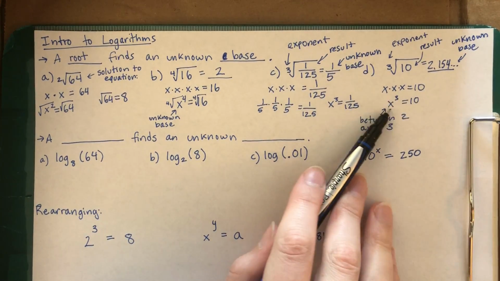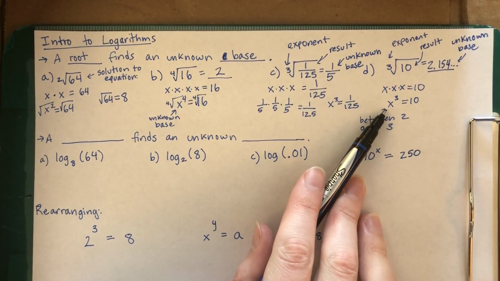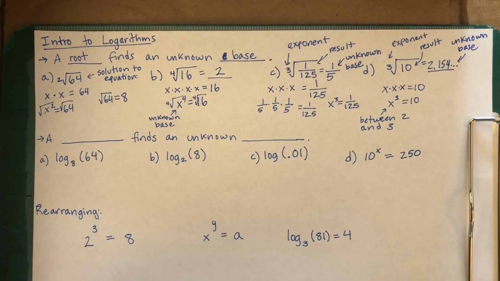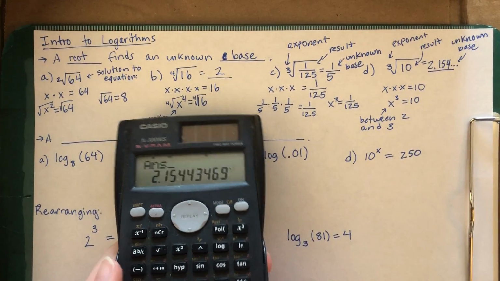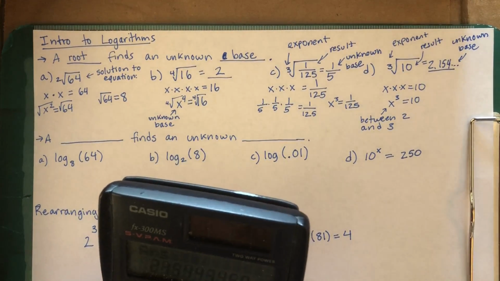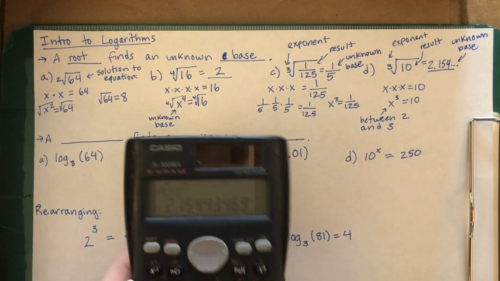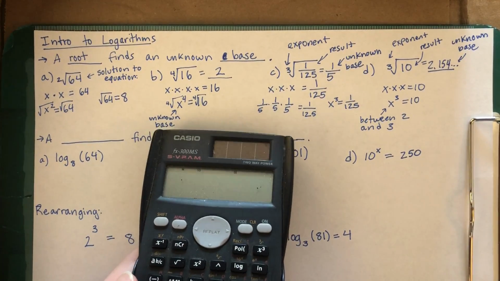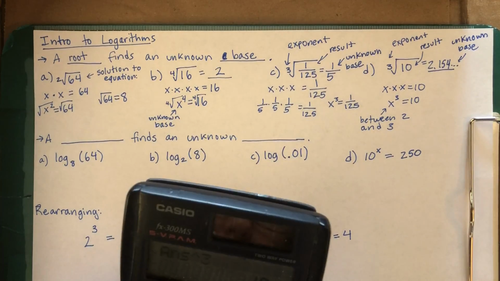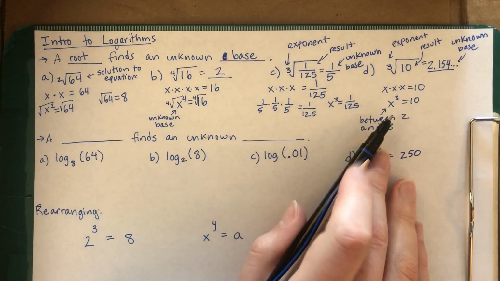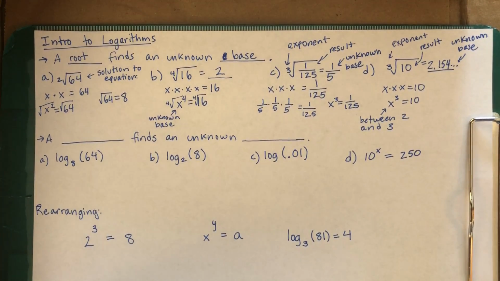But we should still be able to put this answer in for x and get this equal to 10. So if I type this answer cubed, it should still equal 10, and it does. So this is still the solution to this equation.